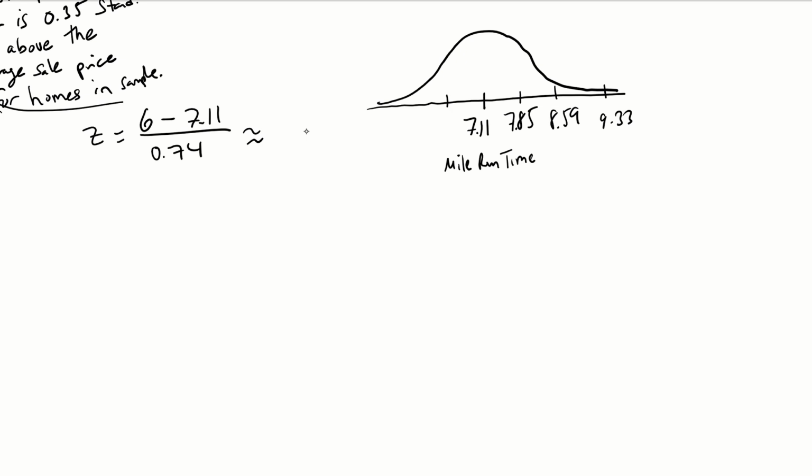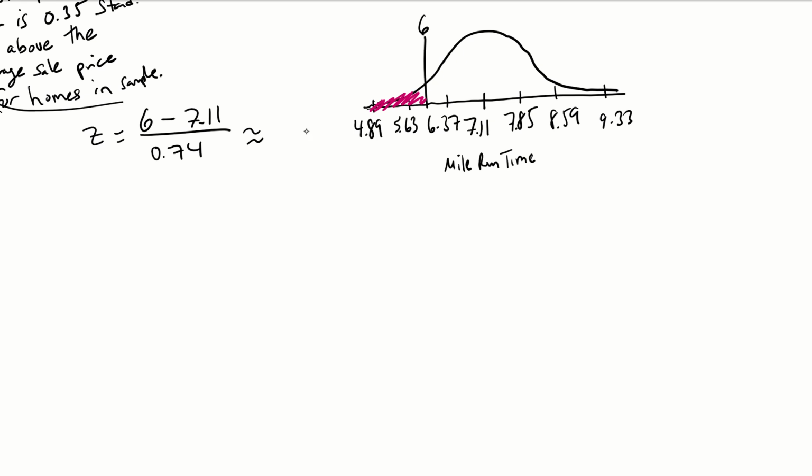Okay, do this, then subtract: 6.37, 5.63, and right here is 4.89. And so we want this to be 6, so we're shading the area to the left. All right, so that's our work.